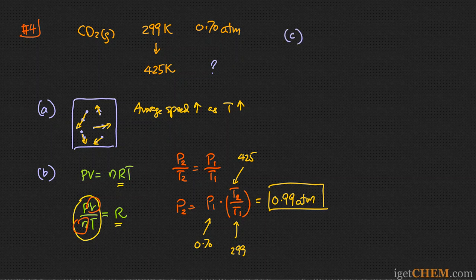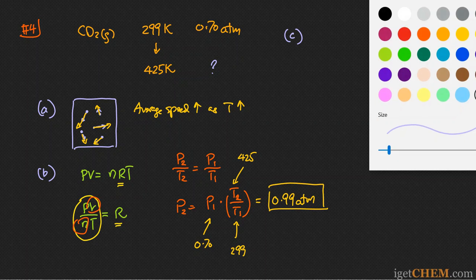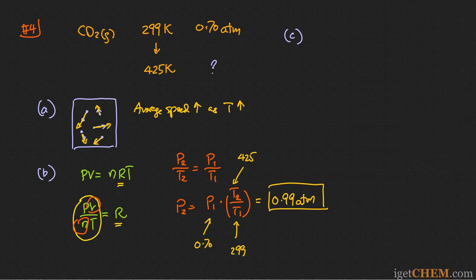So part C, from B we can see that the pressure goes up as a function of temperature. So part C asks, why does the pressure go up, and explain in terms of the kinetic theory of gases. So obviously we have said that at higher temperature the gas travels faster. The pressure is created by the collision of the gas with the walls.